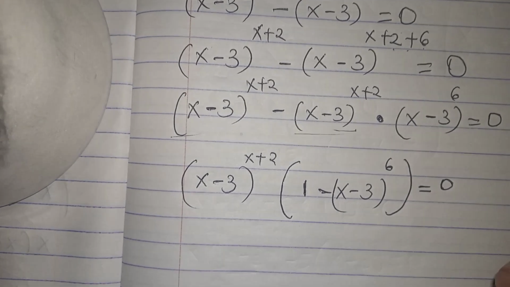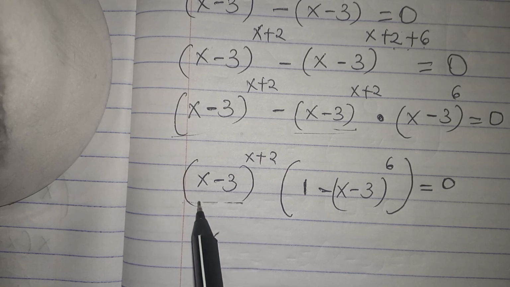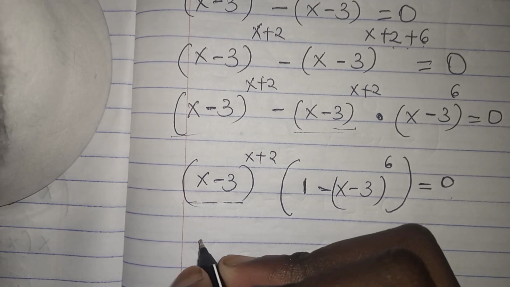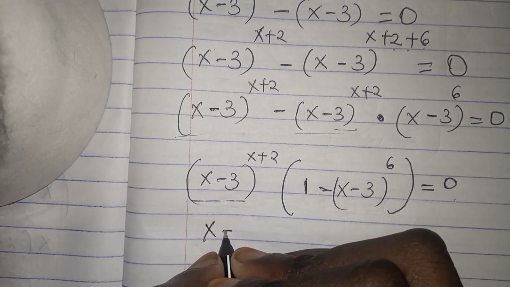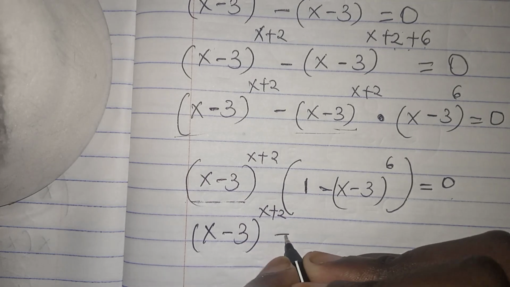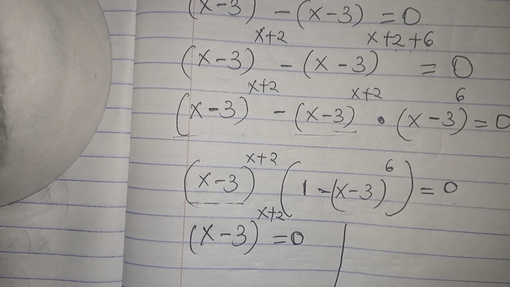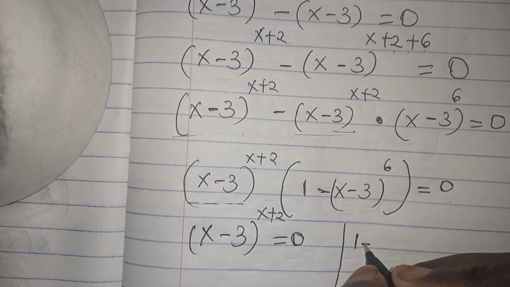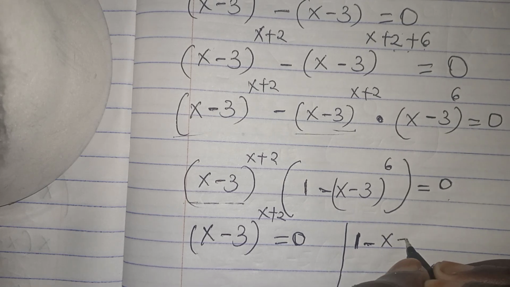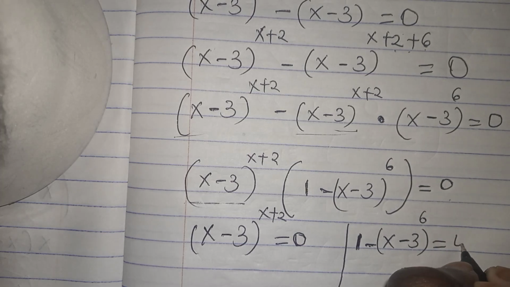So our next step, I'm going to equate this with 0. This will be (x - 3)^(x + 2) = 0, and on this side, 1 - (x - 3)^6 = 0.